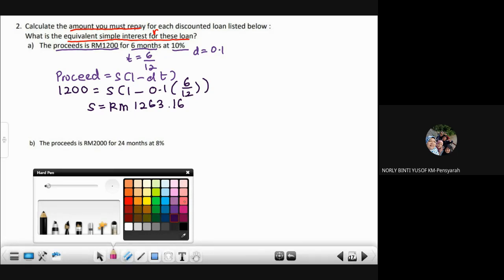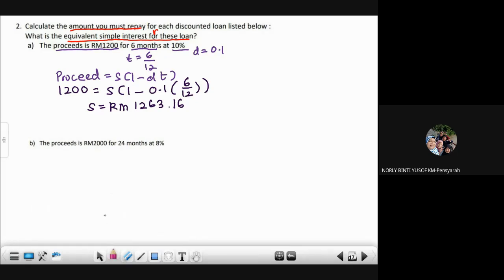Okay. So nak kira R, biasa kira lagi lah sebab soalan nak R kan dalam soalan tu. So R nak cari sama R = D/(1 minus DT). So 0.1 divide by 1 minus 0.1 times 6/12. So you kira, you akan dapat 0.1053 in 4 decimal places.